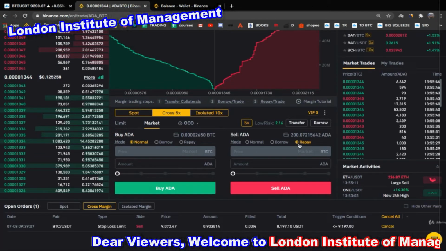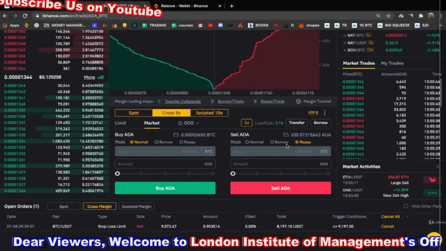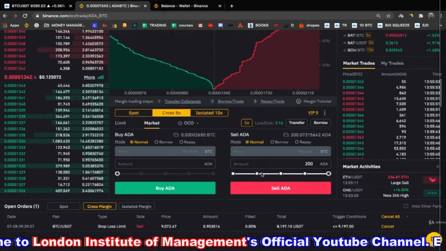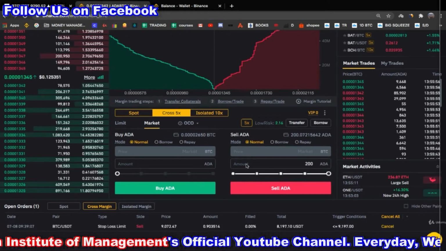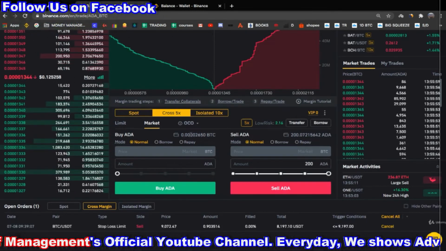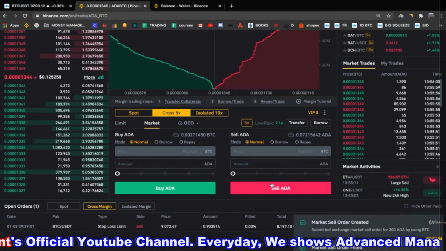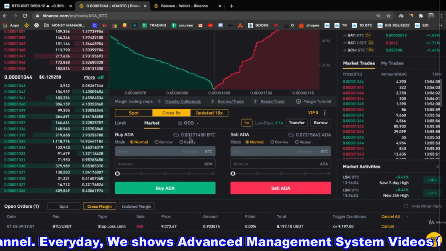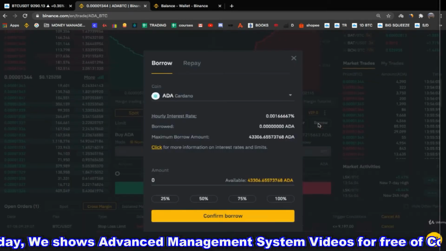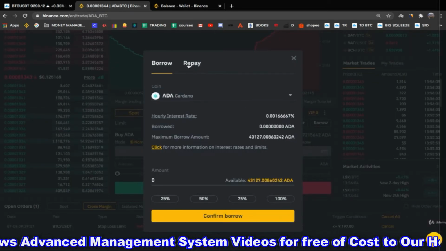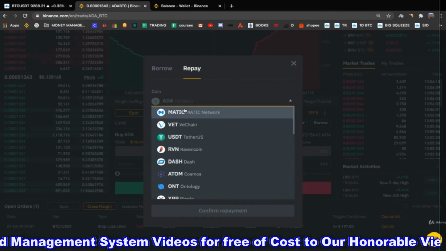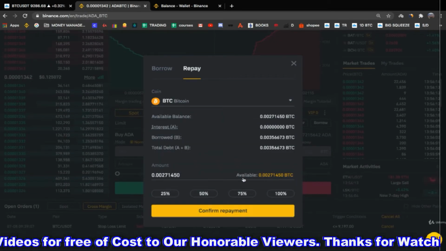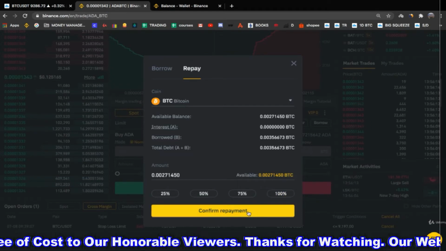So you might want to do all this manually, so you will not use the repay option, you will simply use the normal option. I'm going to market sell right now all this Cardano, and you will see here the amount of Bitcoin. Bam, now our Bitcoin is here. Now when you have the Bitcoin, you can simply manually repay it. When you go here to repay, then find Bitcoin here and manually repay the amount.